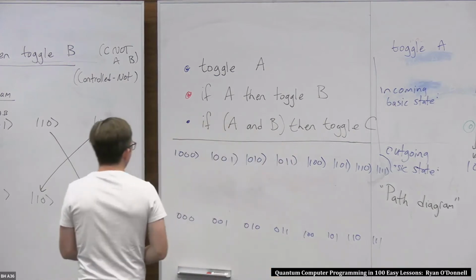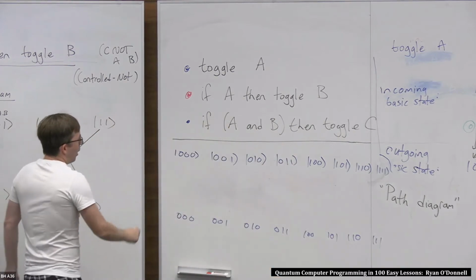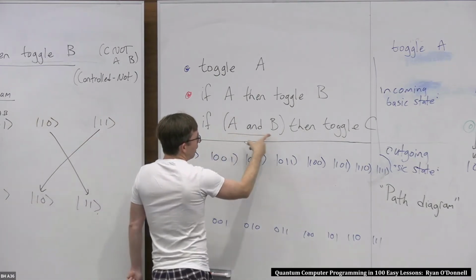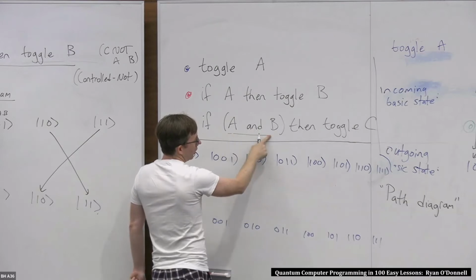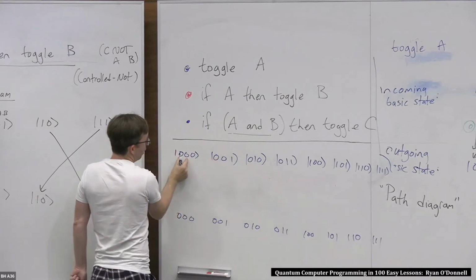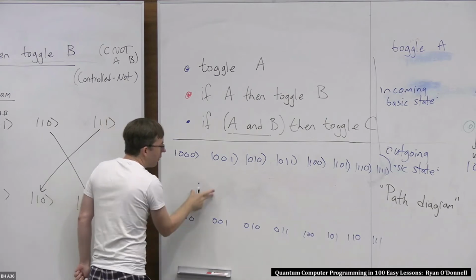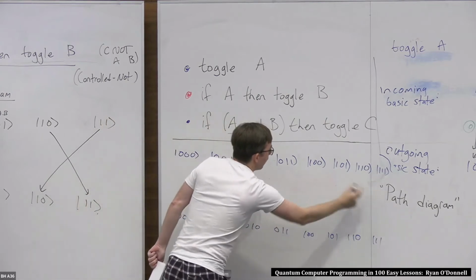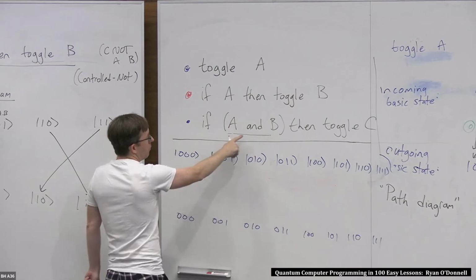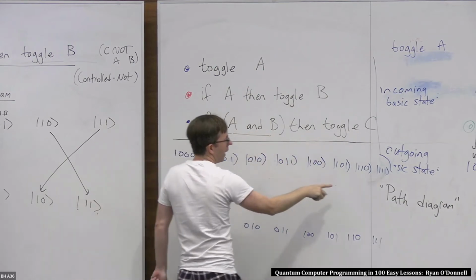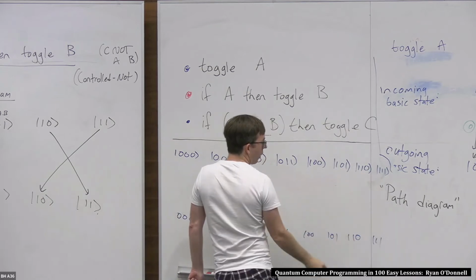And it's a pretty boring diagram, actually. Let's just think about it. First of all, the values of A and B don't change. So whatever the first 2 qubits are, you'll have the same 2 qubits later. So it'll be divided into 4 blocks based on that. And then C only changes when A and B are both 1, which is way over here in the corner.